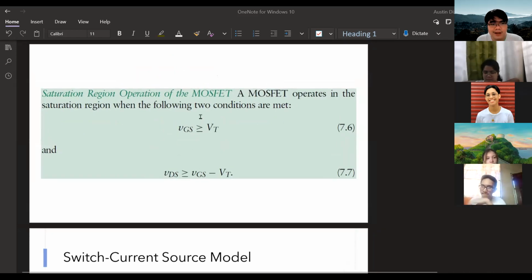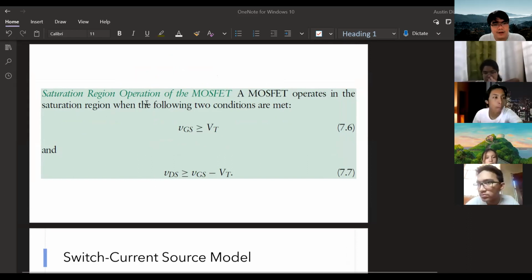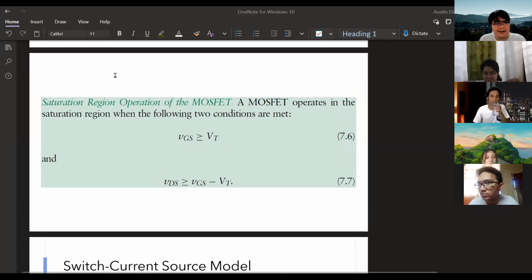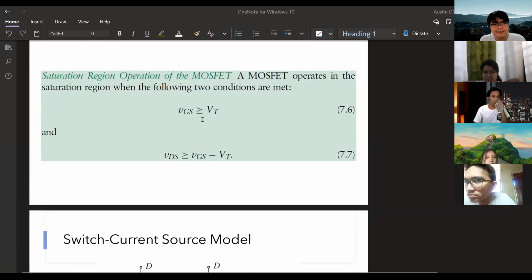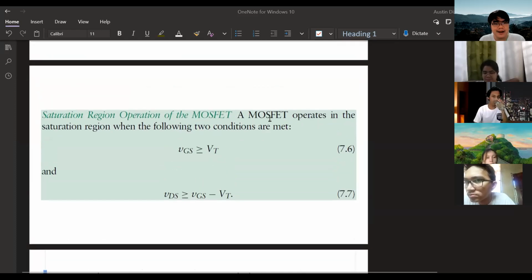Siyempre, para may current ka, kailangan VGS greater than VT, di ba? Ayun yung unang-unang natin. Para naka-on yung MOSFET. And then, you have this new relation that dapat VDS is greater than VGS minus VT para makapag-operate ka sa saturation region. Okay? Makikita natin bakit natin gusto mag-operate sa saturation region.